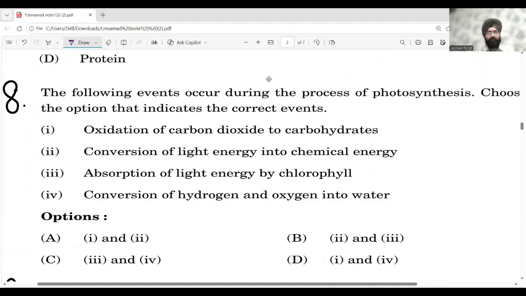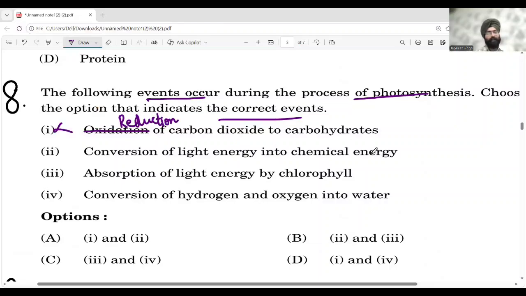Next, very important. On the basis of the events of photosynthesis, some options are given to you. Oxidation of carbon dioxide to carbohydrates, conversion of light energy into chemical energy, absorption of light energy by chlorophyll, conversion of hydrogen and oxygen into water. Reduction of carbon dioxide to carbohydrates, not oxidation. So first is wrong.